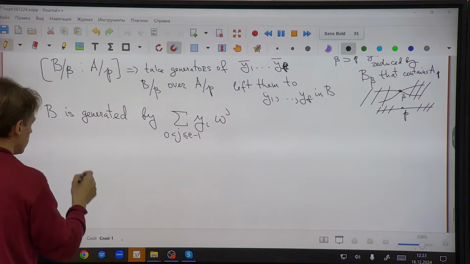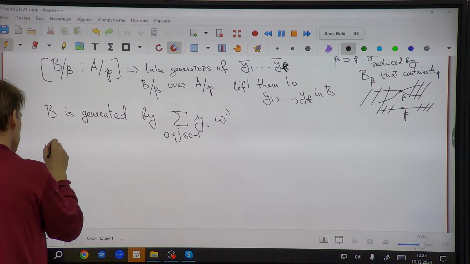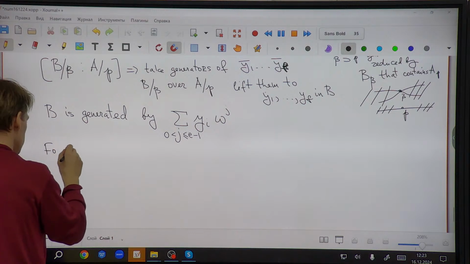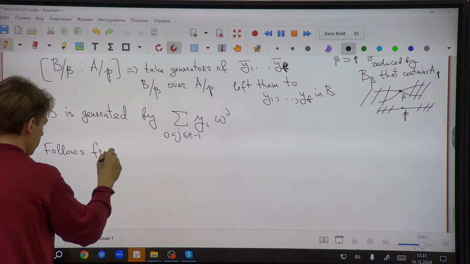Let me formulate the required variant of the Nakayama lemma.